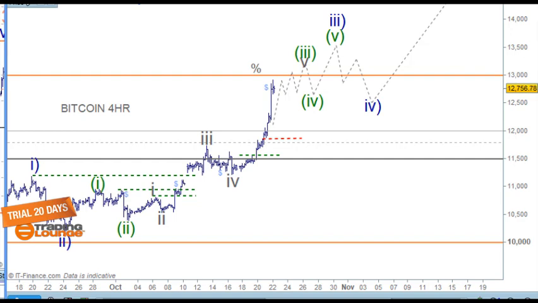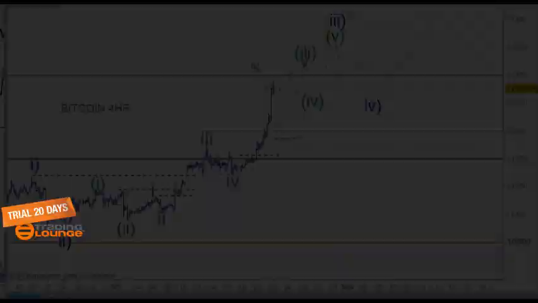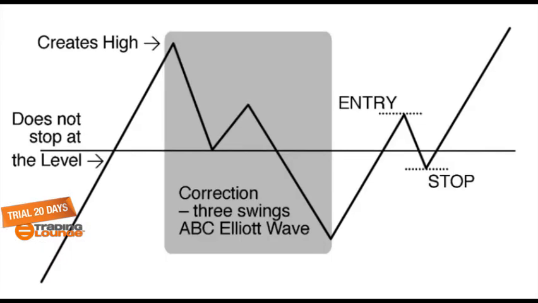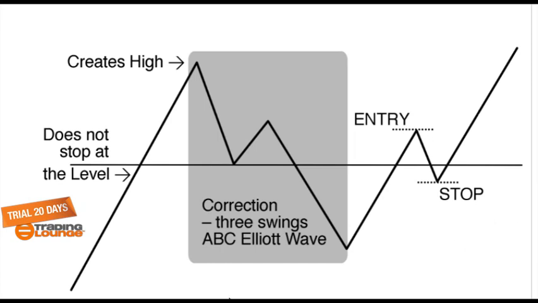Now the general situation is that we would have a correction across here. If we were going to have a correction across here, then there's three things that can play out. So I want to have a look at those. That's a little bit large, so we'll squeeze that down a little bit. This one here, if we imagine this is the 13,000 across here, this is what I call the overshoot pattern. The overshoot pattern doesn't stop at the 13,000. It will push up, and it could push up to 13,300 or 500 and then collapse back down.